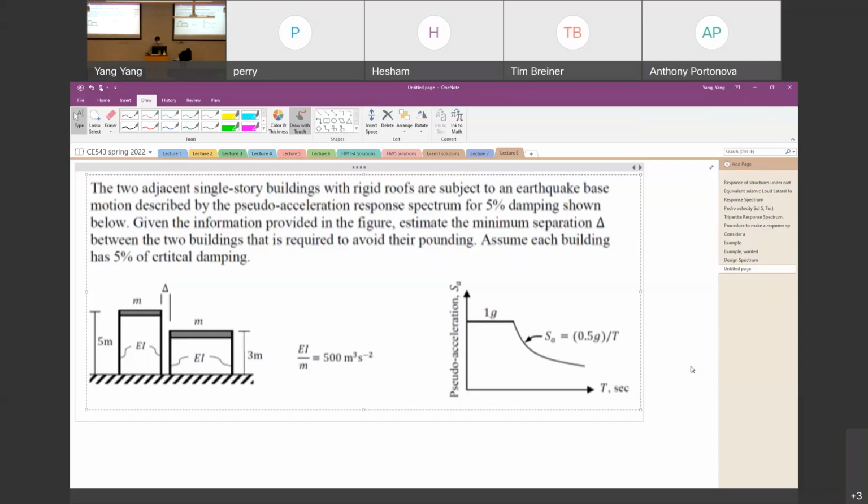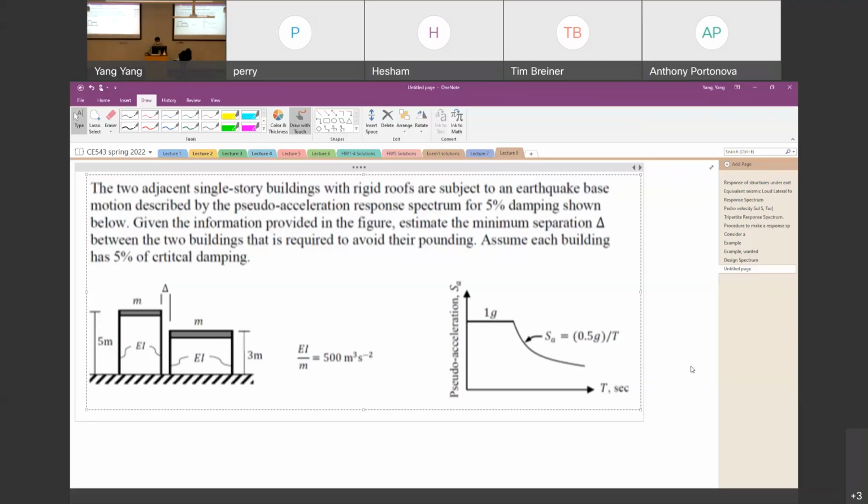Why do we need the separation here? Because under earthquakes, the left building may move to the right, and the right building may move to the left. Right? So the gap will be closed a little bit over here. So we want to make sure there is no collision between those two buildings.